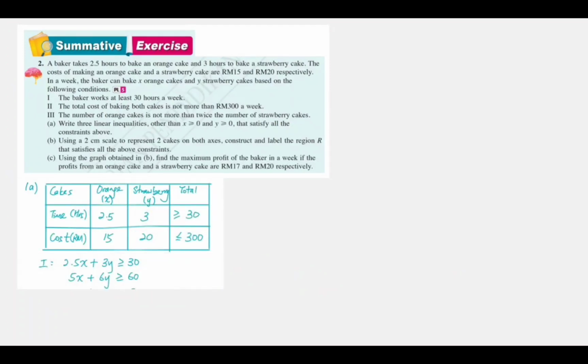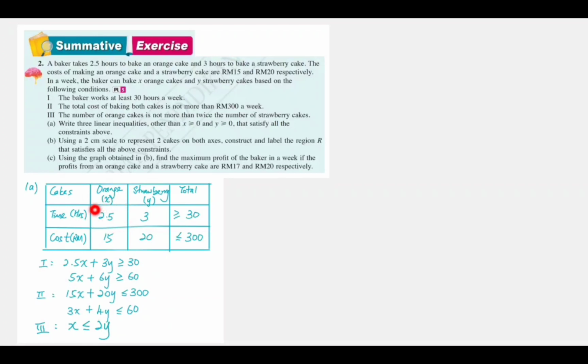So we can build a table about the cakes. We have orange cakes and strawberry cakes, where the number of orange cakes is represented by x and the number of strawberry cakes by y. Then we have information about the time to bake a cake.